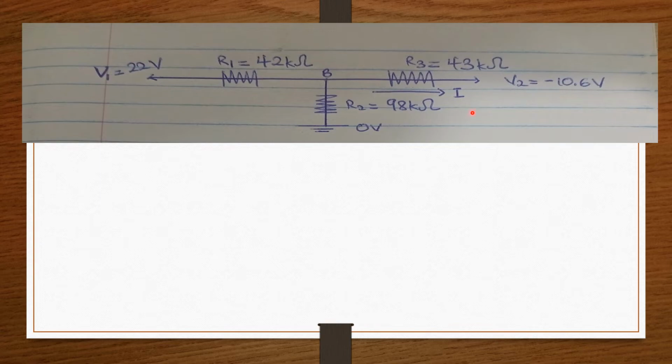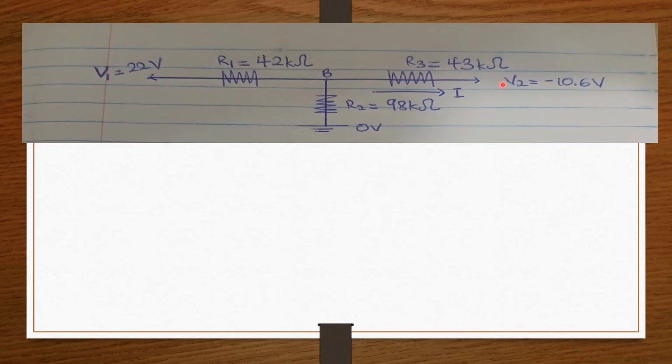And then this earth portion with its resistor R2 is kind of dividing V1 and V2.